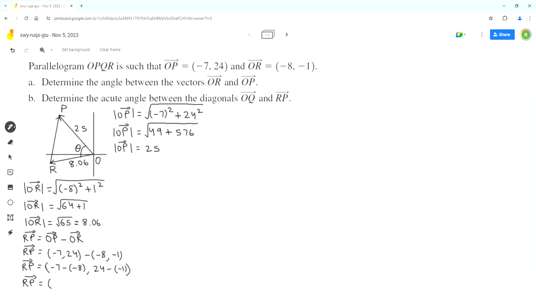Negative 7 minus negative 8 is equivalent to negative 7 plus 8, which is equal to 1. And 24 minus negative 1 is equivalent to 24 plus 1, which is equal to 25. Now we can find the magnitude of vector RP.